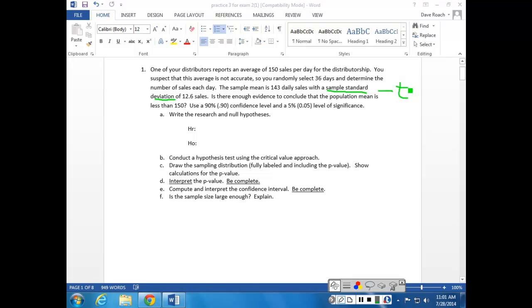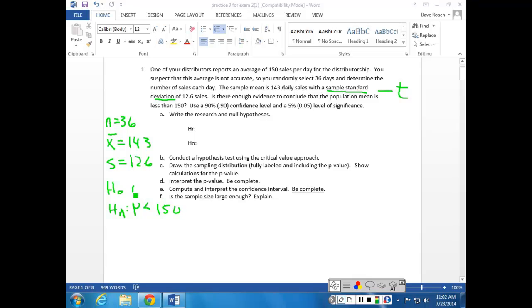And then I'm just going to write down the information from the problem. We have a sample size of 36. We have a sample mean of 143 and a sample standard deviation of 12.6. And we want to know if the population mean is less than 150.